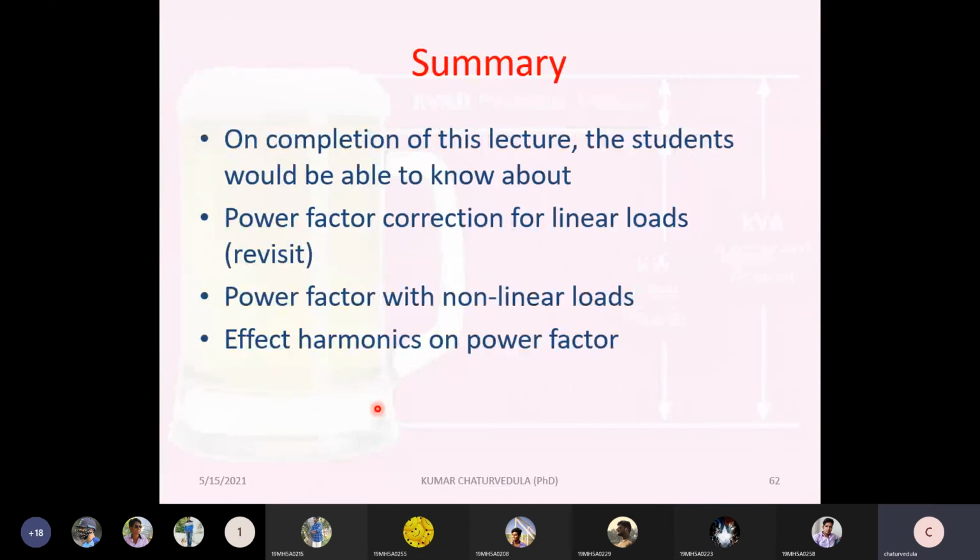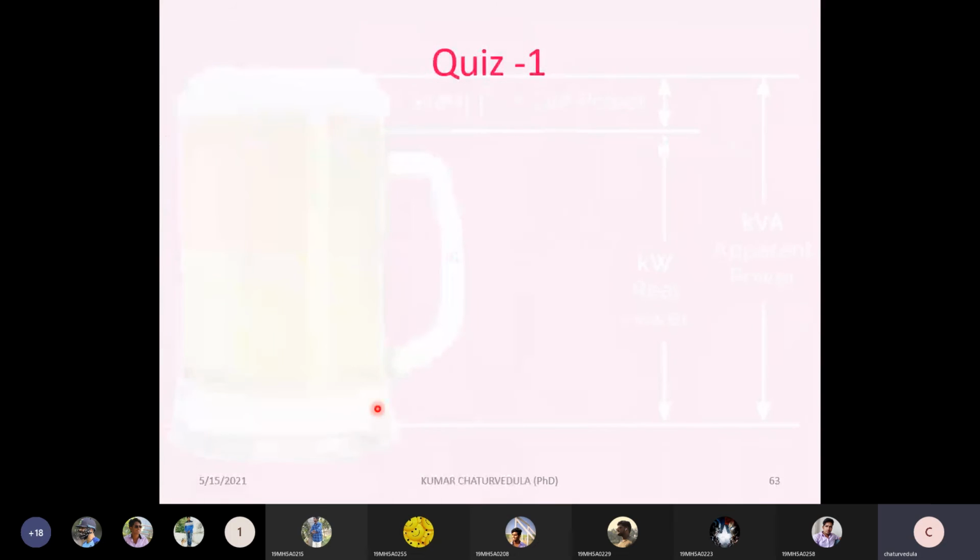These are the three cases where TPF and DPF are going to be considered. On the whole, we have discussed power factor correction for linear loads and non-linear loads, and the effects of harmonics on the power factor.